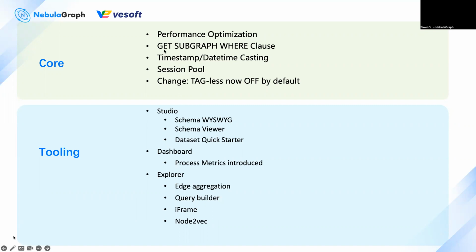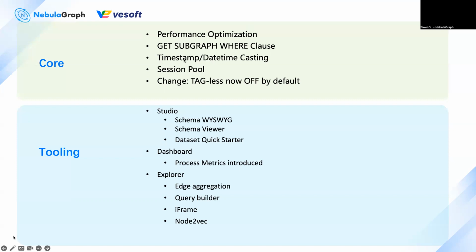One of them is that we support the where clause in get subgraph. Later we will finalize find path with the where clause fully supported. Previously we had some limitations there, and we didn't manage to include it in this release for find path. But now subgraph supports the where clause.